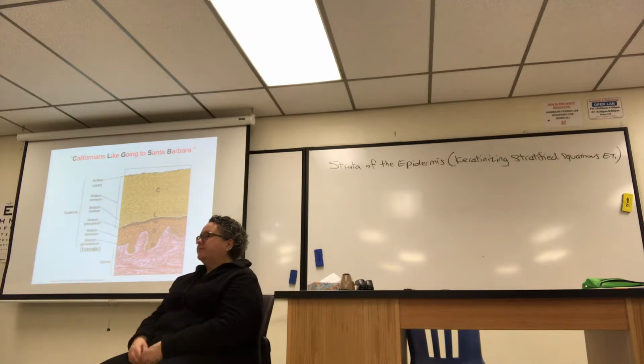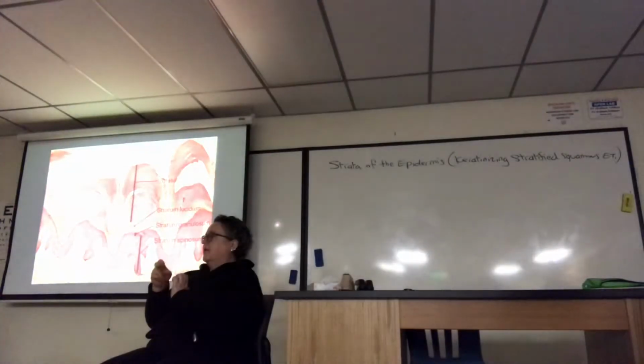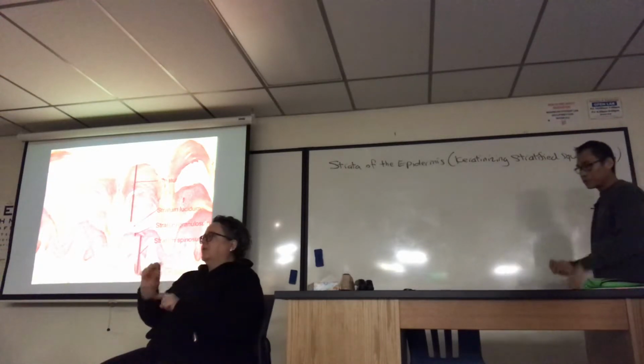And they put letters next to where the strata are. I labeled this slide to show from top to bottom of this epithelium how you can identify the different strata. But the picture shows it pretty well.